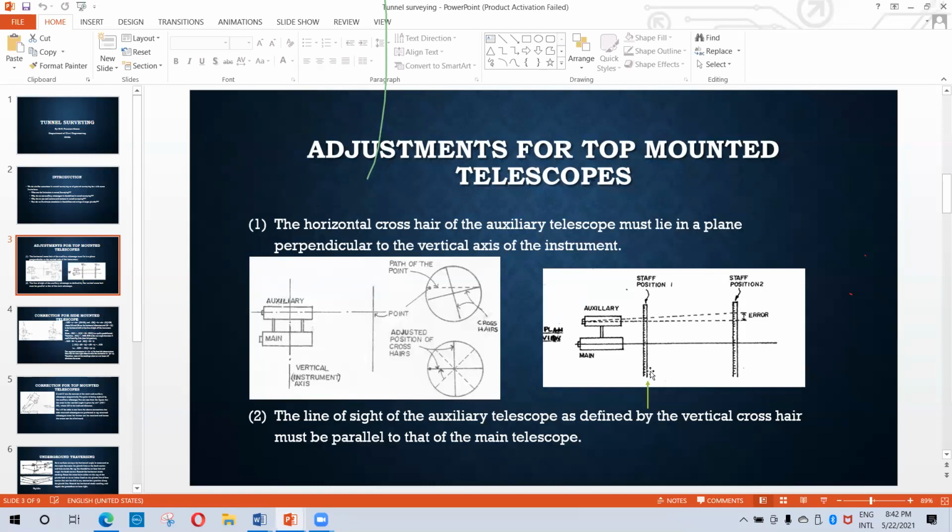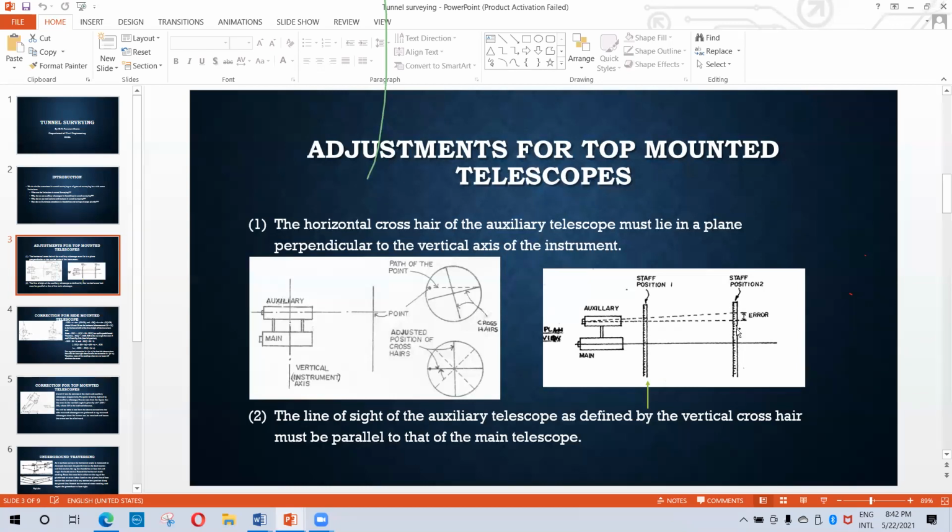So to do that correction, you can simply use a staff. You can bring a staff in front of these two telescopes, and you can target it, and you can move the tripod, let's say about 100 meters. Maybe it depends on the availability of space.